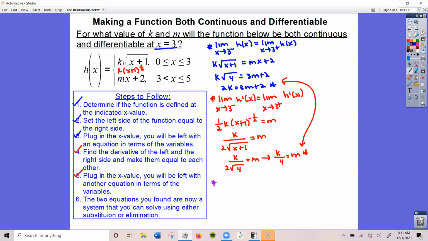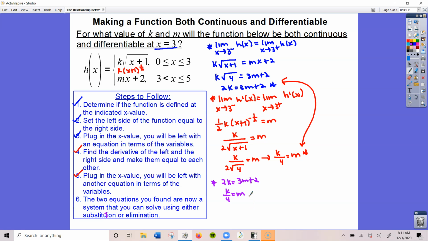The two equations you found are now a system that you can solve using either substitution or elimination. So that's what we're going to do now. We have the two equations, 2k is equal to 3m plus 2, and k over 4 is equal to m.